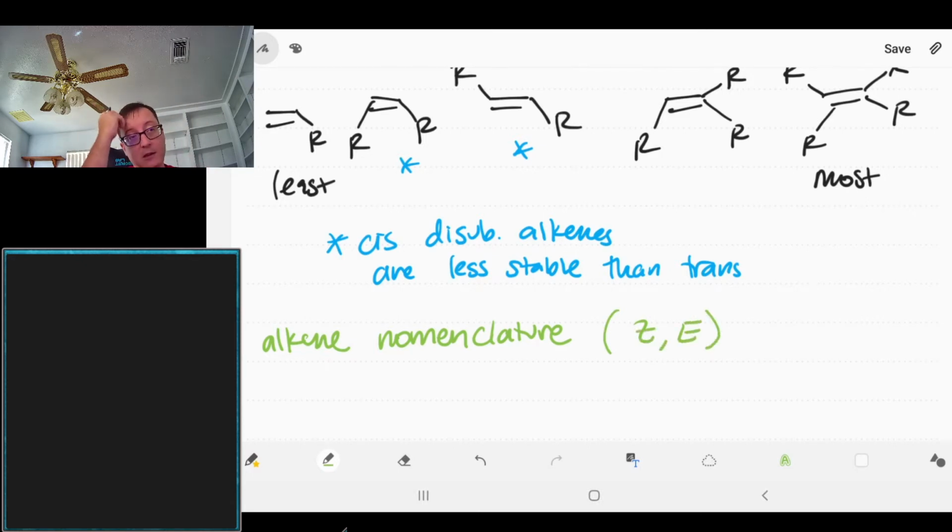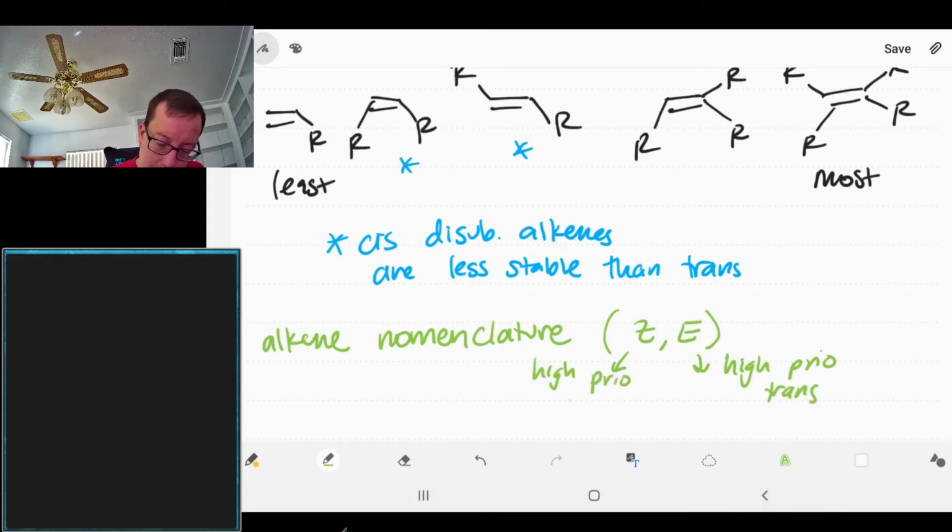Don't forget, when we talked about stereochemistry, we talked about E and Z, or Z and E. Here, we have the higher priority groups, and depending on their relationship to each other, we have special letters to describe that.